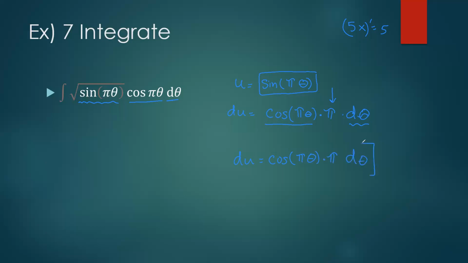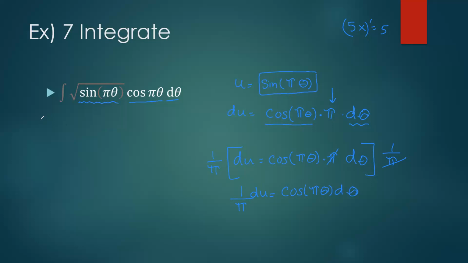By multiplying both sides by the reciprocal of pi over 1, so that would be 1 over pi. On the left, you have 1 over pi du. And on the right, the pi's cancel, so you're just left with cosine pi theta d theta.